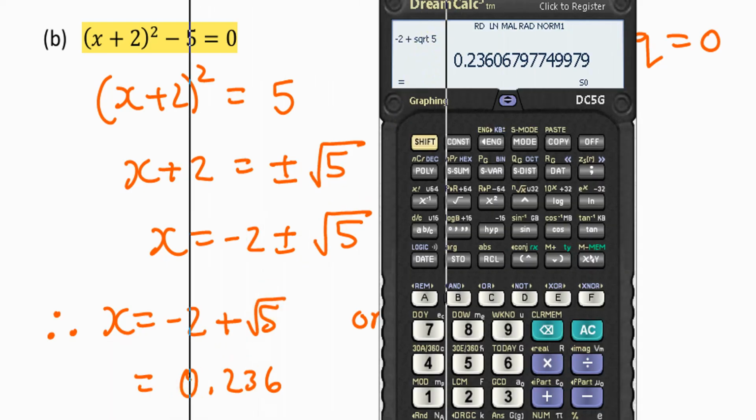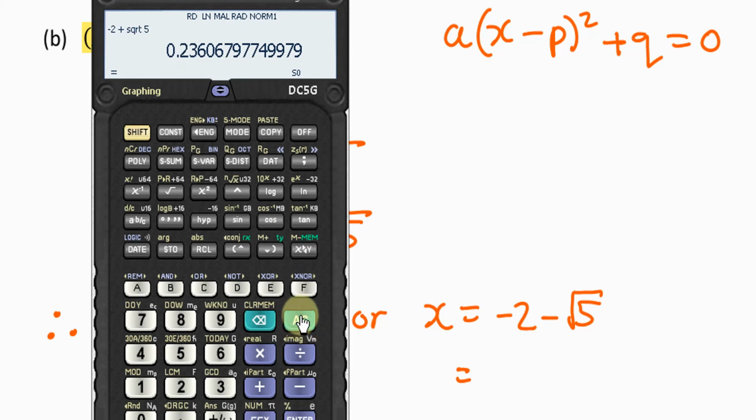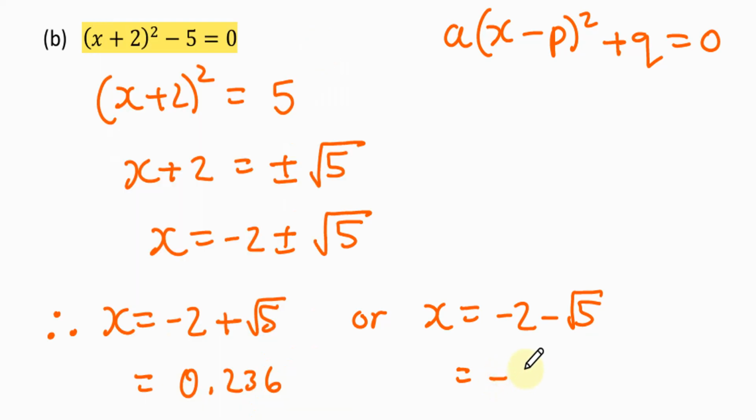Let's get the second answer. So -2 minus the square root of 5. And it comes to -4.24.